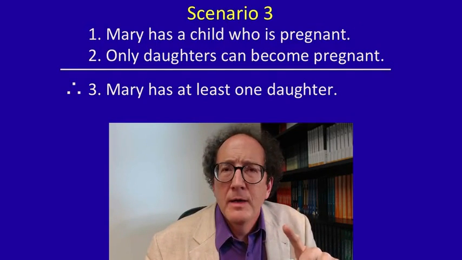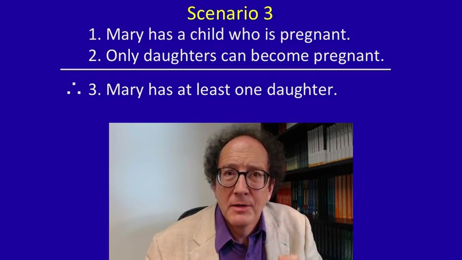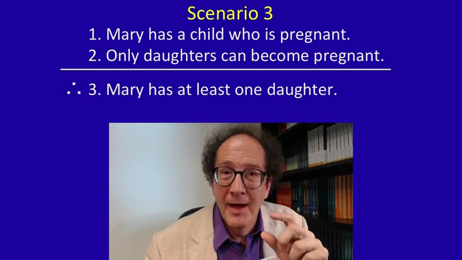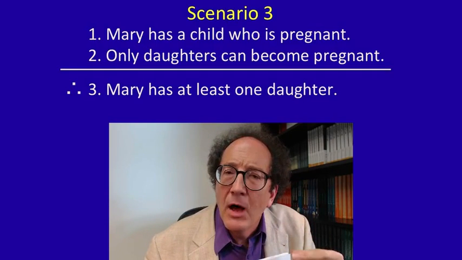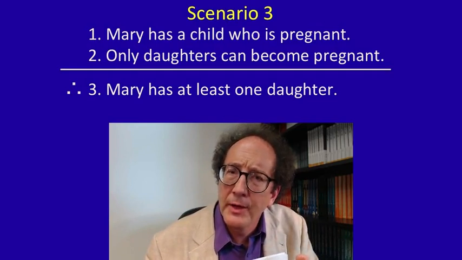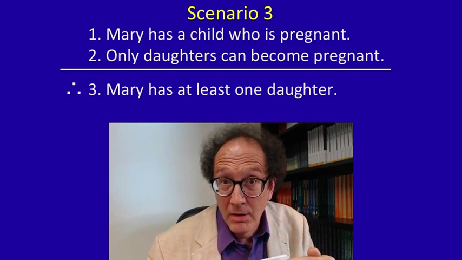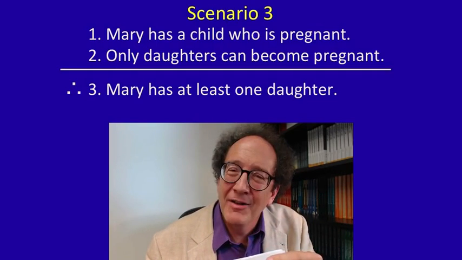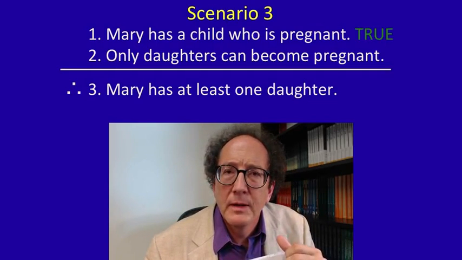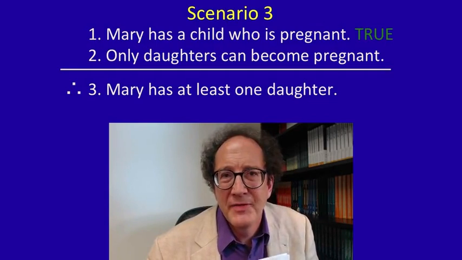Oh, wait, how about this one? What if Mary has a child who is biologically female, but sees himself as a male? And so she sees that child as a male, but that child is pregnant, because after all, they're biologically female. Now, are the premises true and the conclusion false?